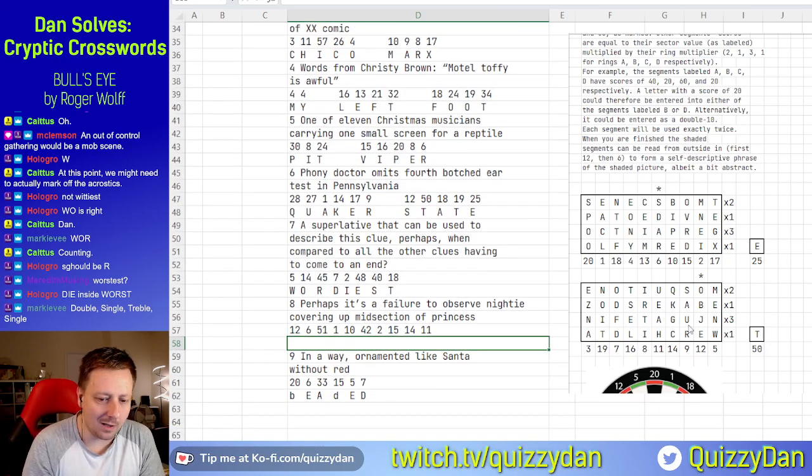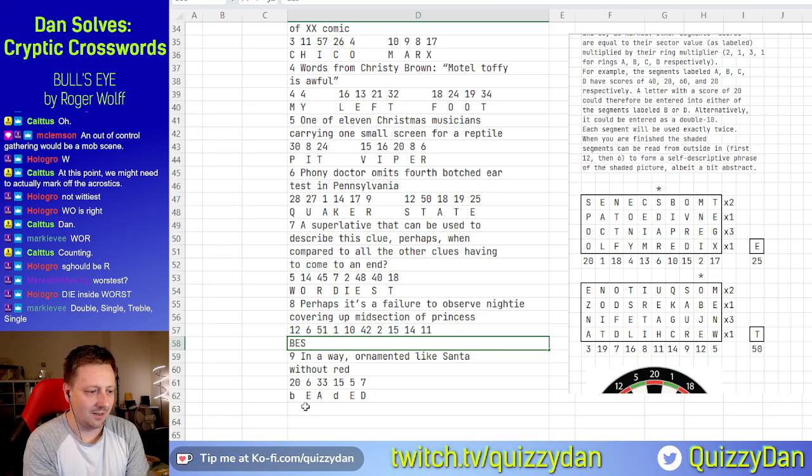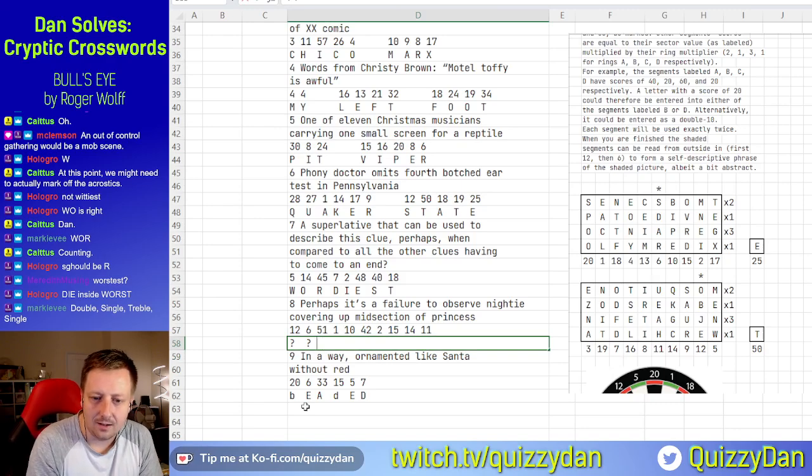So we start with 12, which is either B, E, double 6, B, E, S, triple 4, B, E, S, N is how it starts, with one of those. 6. 51 though. What is 51? That is triple 17. So that's a G. Negligence becomes negligee.